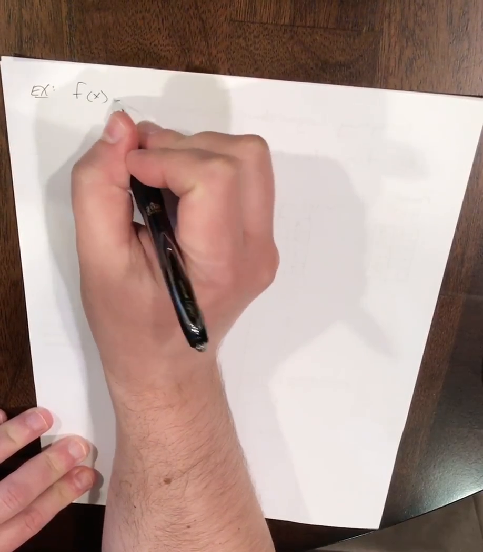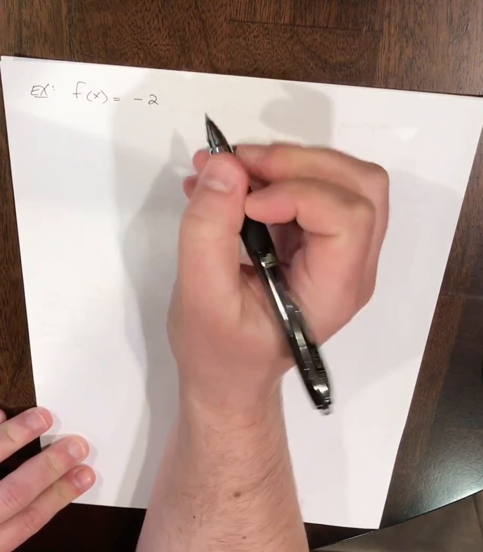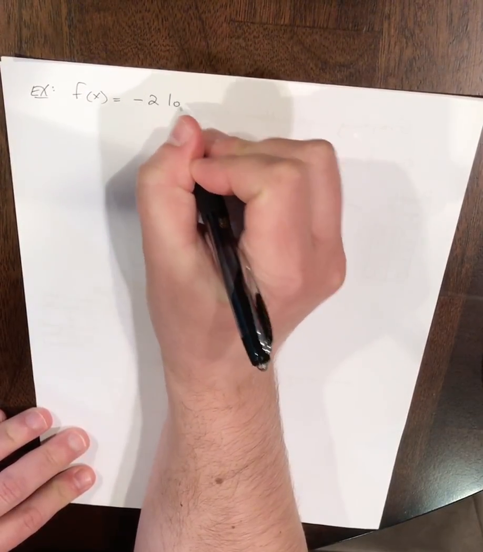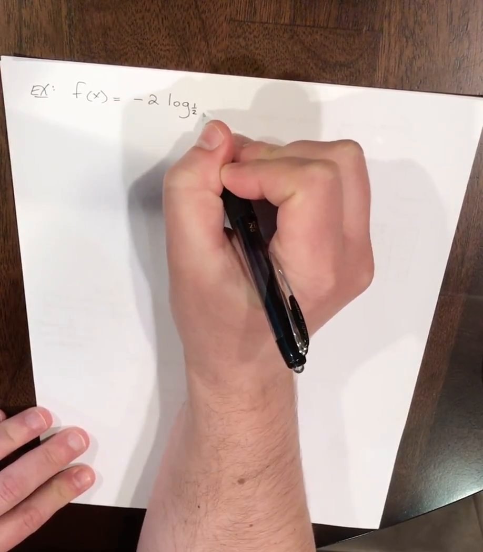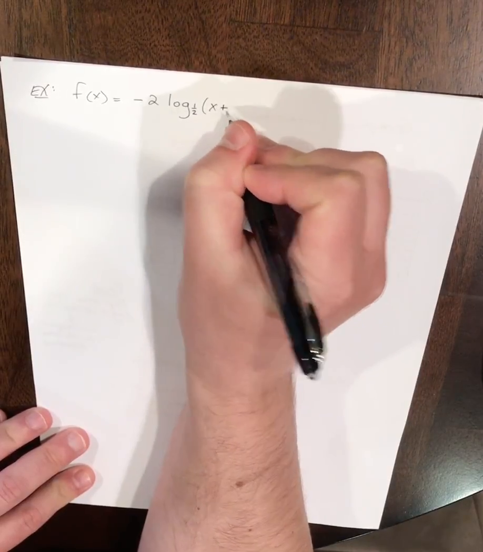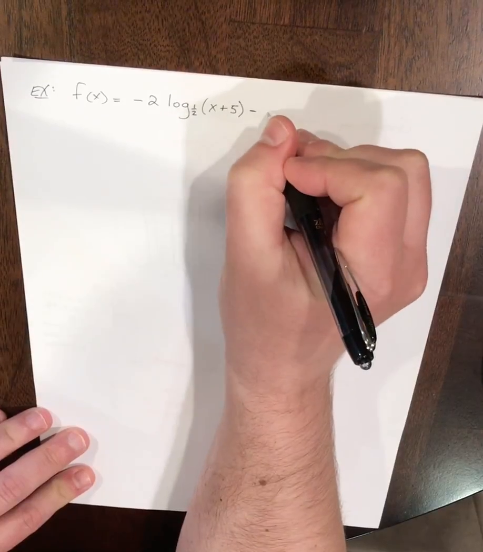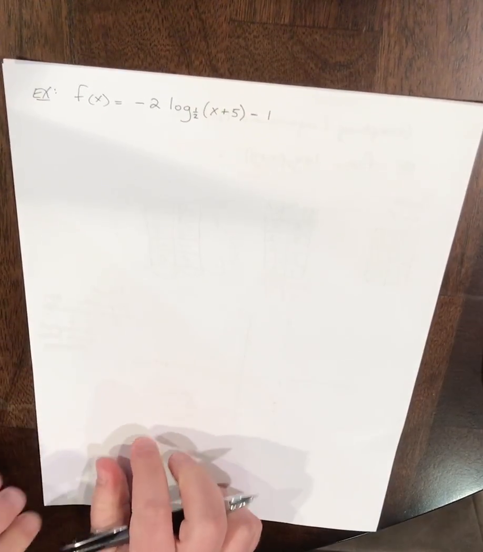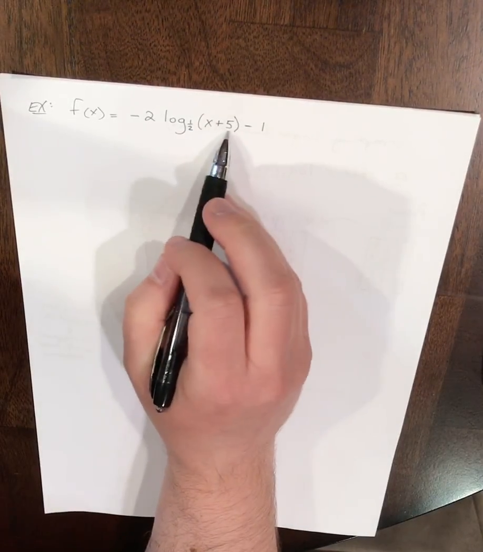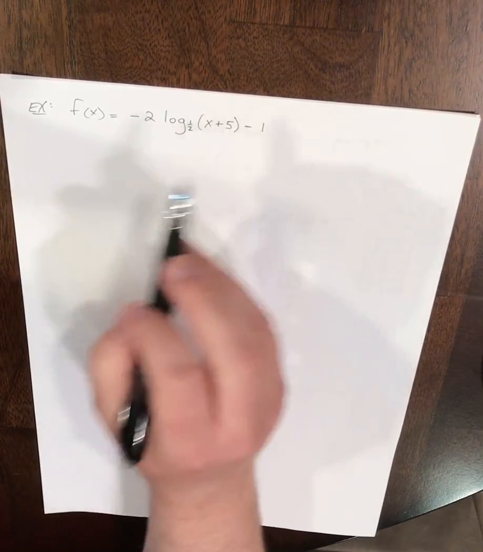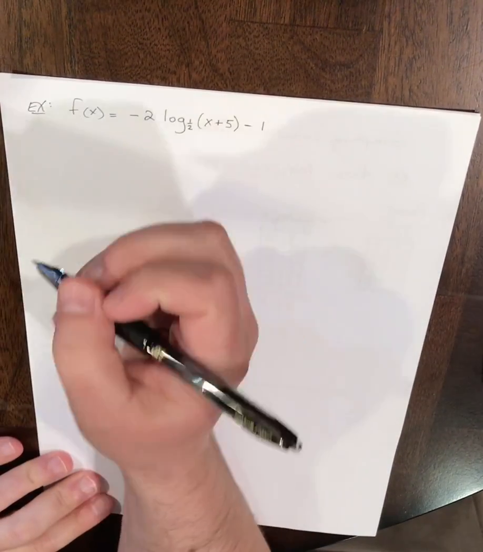Let's do f of x equals negative 2 times log base 1/2 of x plus 5, and we'll do minus 1. Okay, so this has everything again. It has lateral movement, it has vertical movement, and it has this negative 2 in front as its compression factor. So we're going to start the same way.